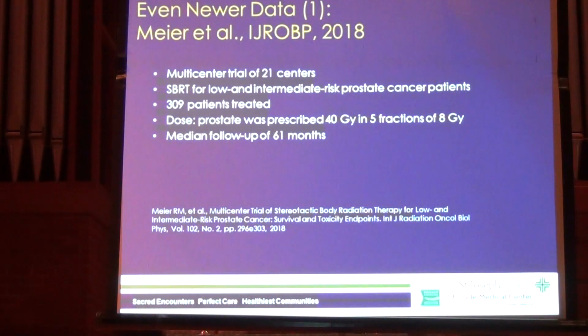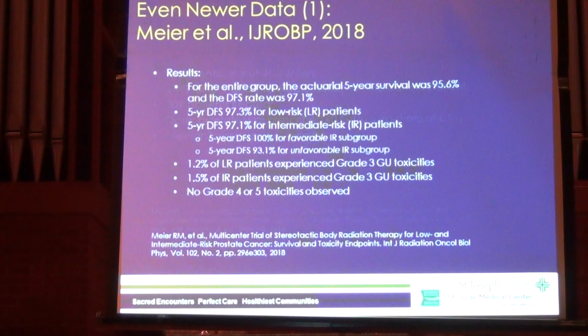This was presented earlier this year, and this was a multi-center trial for low and intermediate risk patients. Follow-up was 5 years, and remember, we're seeing numbers of 85 to 95%. So this is a 5-year survival of 95% and disease-free survival rates of 97%. Those are curative numbers.